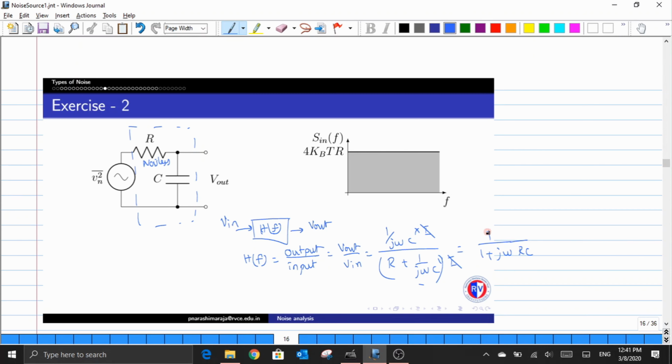So having got this, let us try to evaluate the output power spectral density in terms of voltage.